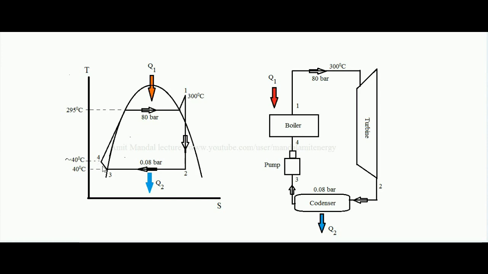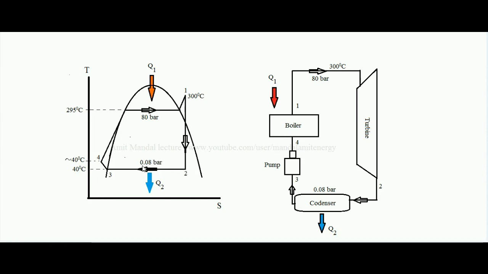Water is taken at 40 degrees centigrade and 80 bar pressure and it exits from the boiler at the same pressure, 80 bar, and 300 degrees centigrade, because we know that in the boiler the heat addition is always isobaric. Now it expands and ultimately the pressure drops at the turbine exit to 0.08 bar.